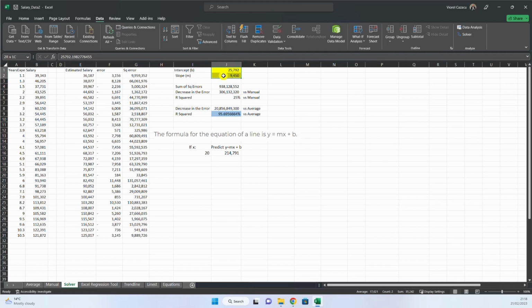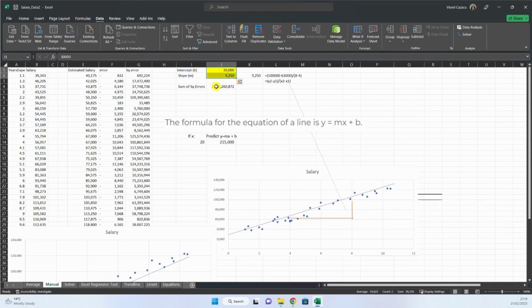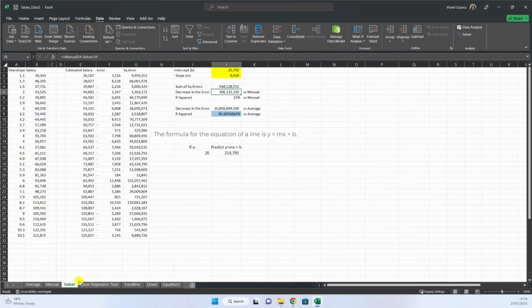and solver gave us the solution. So with these two figures for intercept and slope, we have the optimum. Now we can calculate a decrease in the error versus the manual one. Okay, because in manual we had this huge error, and now the error is lower.